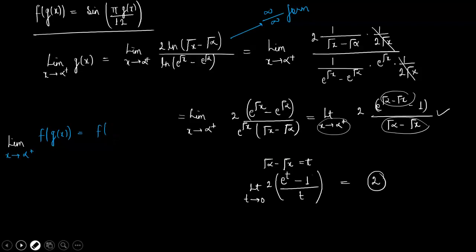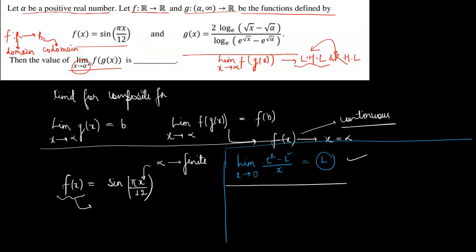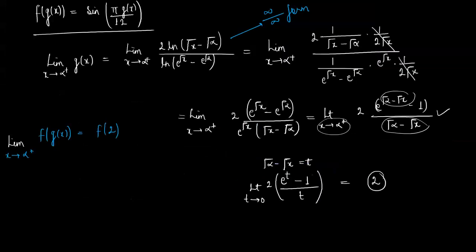We have to just use that limit, which is 2. I had discussed this concept here. So f of 2 will be sine pi by 12 into 2, which will be sine pi by 6, and sine pi by 6 is sine 30, sine 30 is 0.5. So our answer is 0.5.